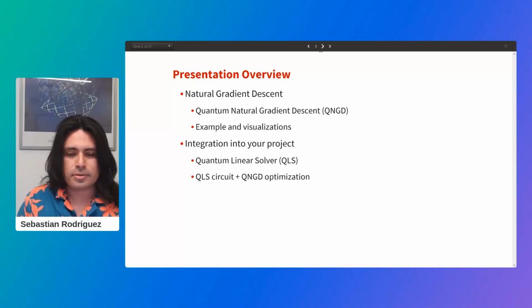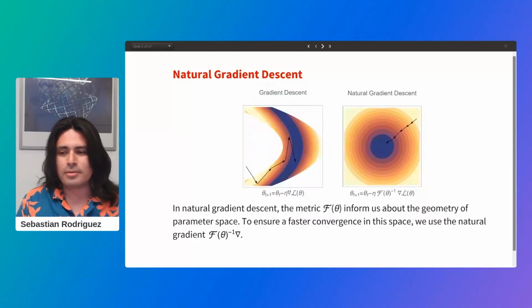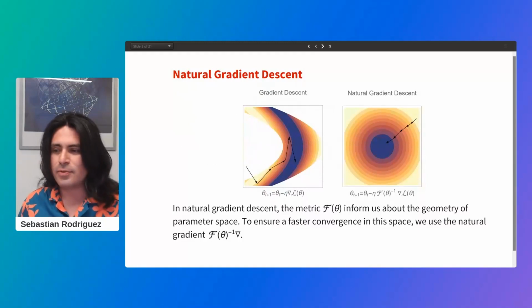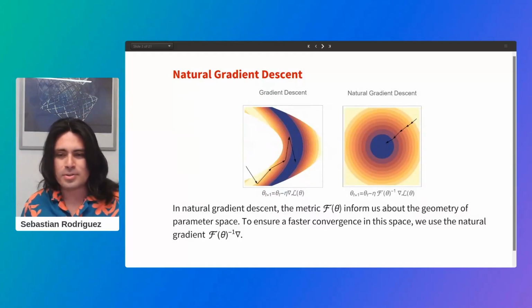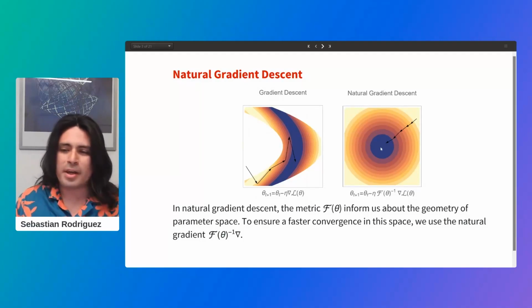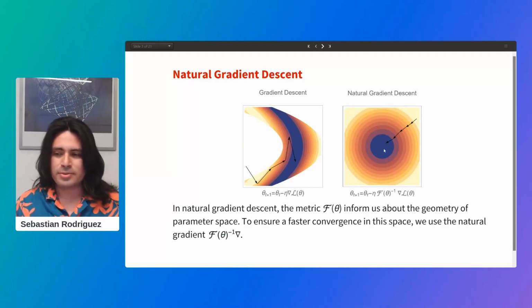So let's start. Before going into the domain of the quantum realm, let's first understand the theory behind the gradient descent optimization method. Gradient descent algorithms are techniques used to find the minimum of a cost function. To briefly explain it, we can use these illustrations to visualize what the optimization process looks like.